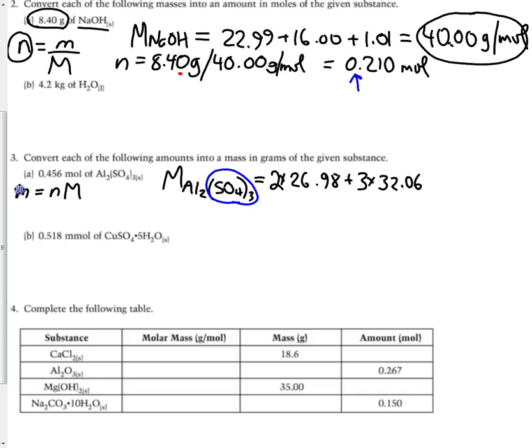We actually have in one formula unit of aluminum sulfate 12 oxygen atoms. So a mole of aluminum sulfate has 12 moles of oxygen, multiplying that by the 16.00. So let's take those numbers and total up our molar mass for our formula unit.